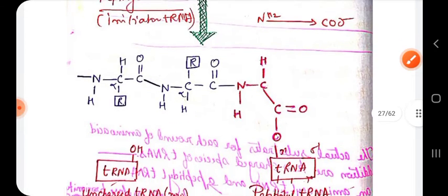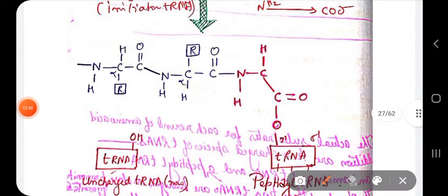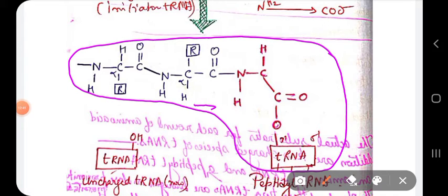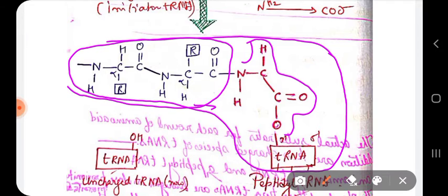After this reaction, you can see very well that the tRNA now becomes the peptidyl tRNA, where the polypeptide chain has been attached with a new amino acid to increase its length.